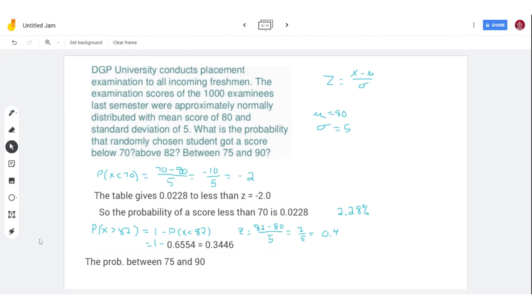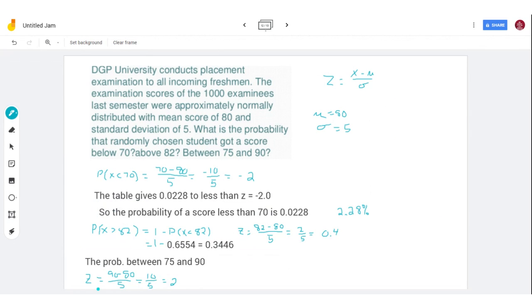We got to do the one for 90, minus the mean, over 5. So that's 90 minus 80. So that's 10 over 5. So this is going to be a nice, neat 2.